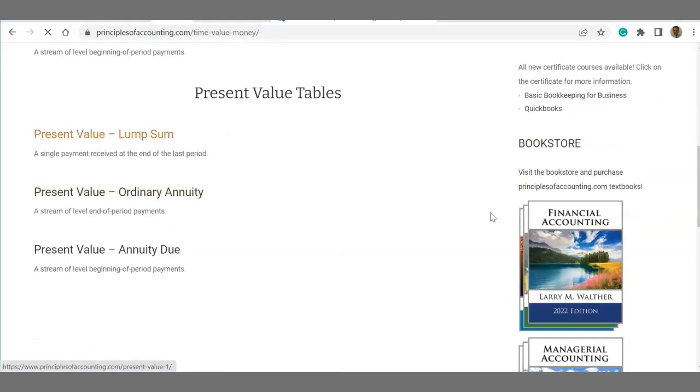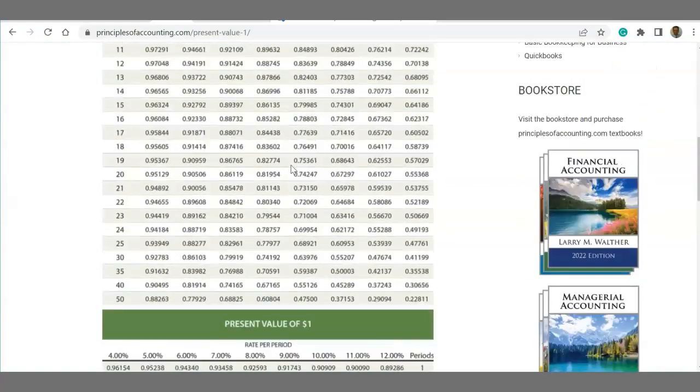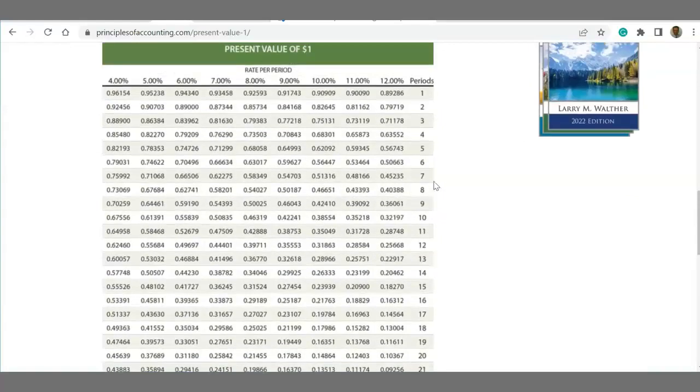Okay, present value of $1 one time. And here is $1 one time, 4%. That's the 4%. And here is 10. So that's 0.67556.